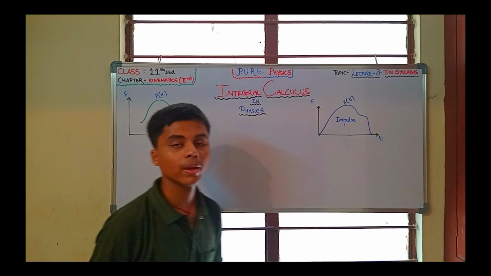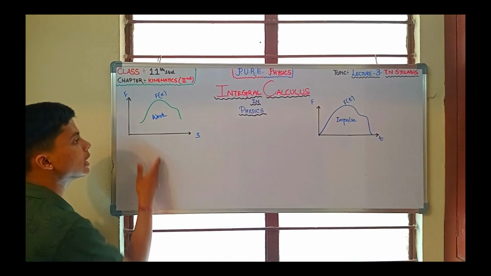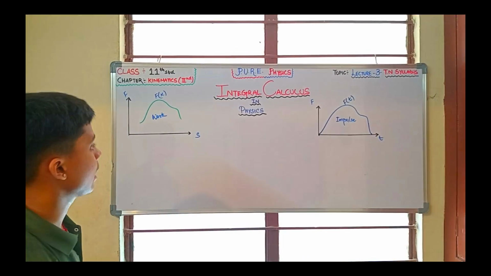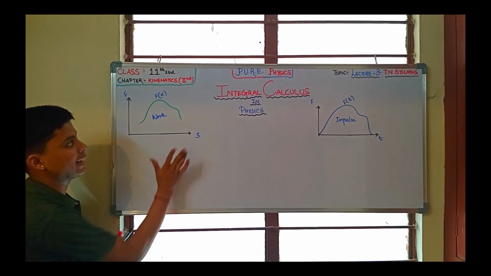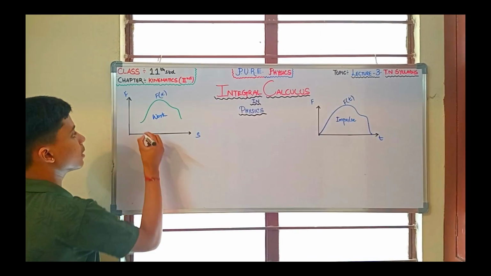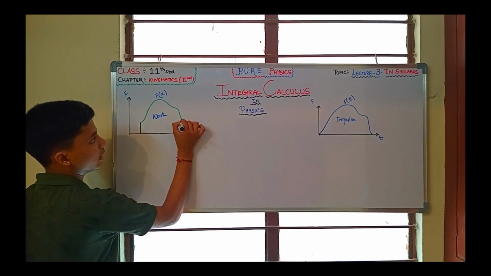Now we are moving on to the next part of integral calculus, that is how to find the work and how to find the impulse under the graph. Now see, the question will be like this: find the work done under this curve. So now we need to draw the perpendicular lines, this line and this line.